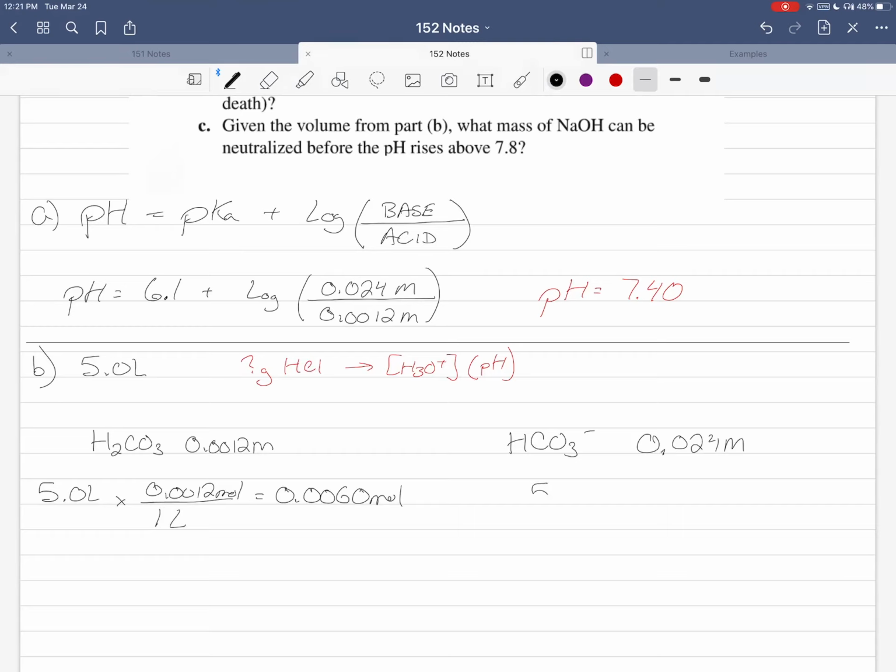Same thing here, 5.0 liters times 0.024 moles per liter, and that gives me 0.12 moles. Yes.